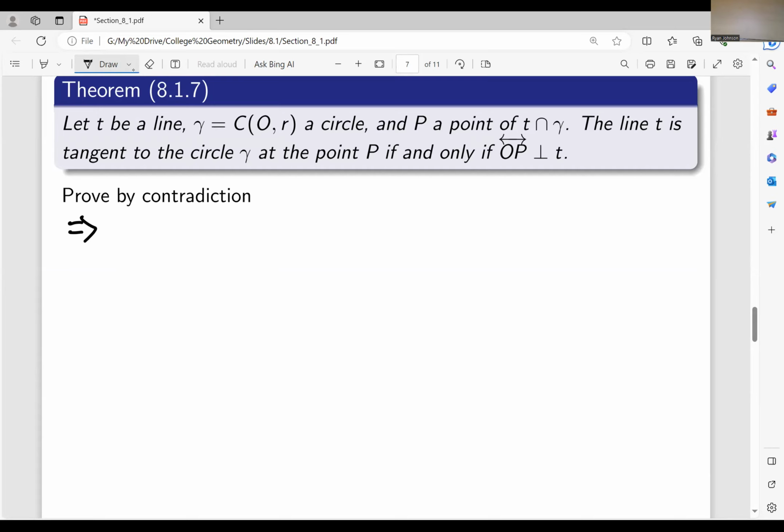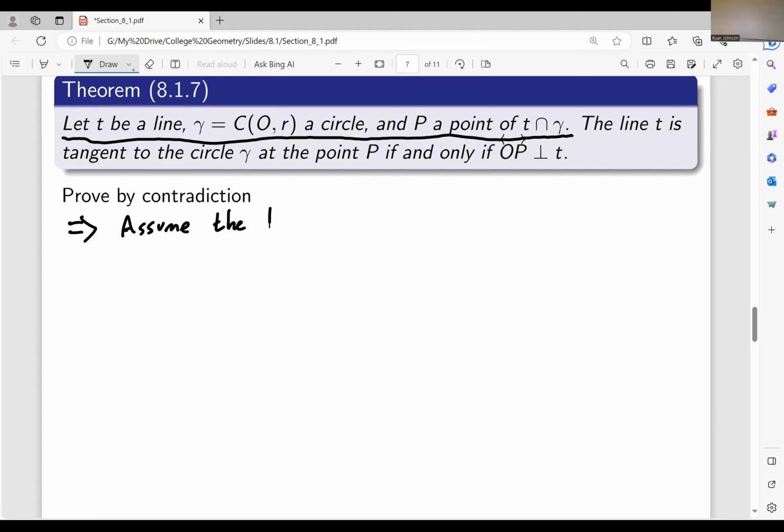So assume the hypothesis. That's what I'm assuming.